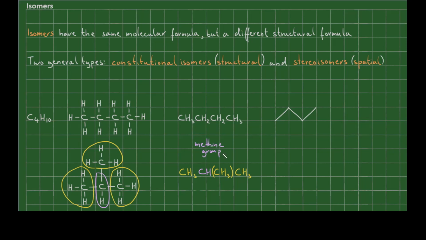Next thing to note is that this is not the only way we could write out the condensed structural formula. I could say that I have a CH group that is attached to 3 methyl groups, which means I could write CH3, place it in a bracket, and then place a 3 in subscript.